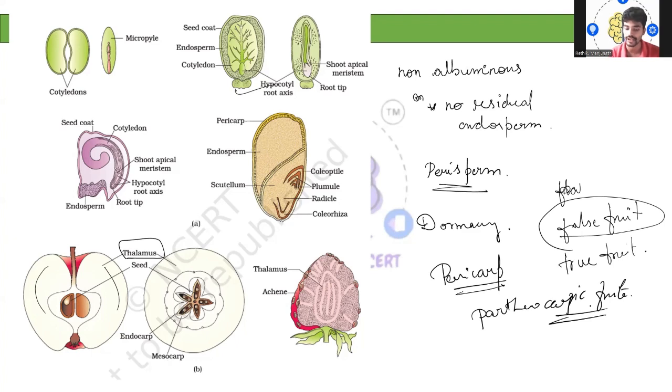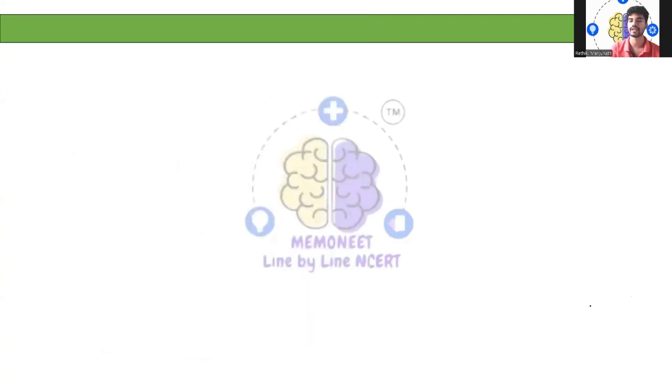Banana is one such example. So this is about the basic aspects of fruits. If you still want to know in depth, the in-depth video is already there on the YouTube channel. So do go there, watch the video. You will get the in-depth knowledge of that also.